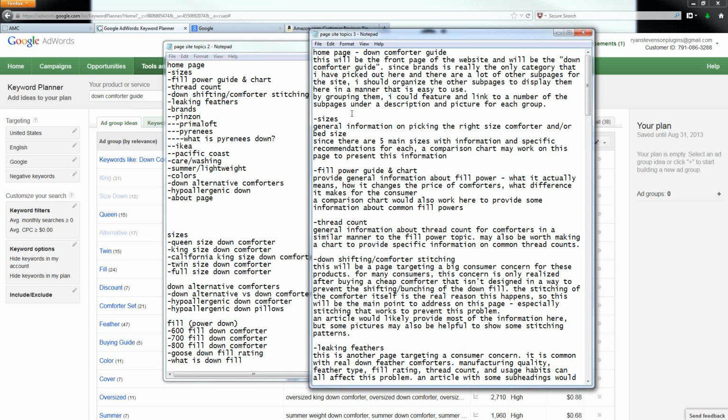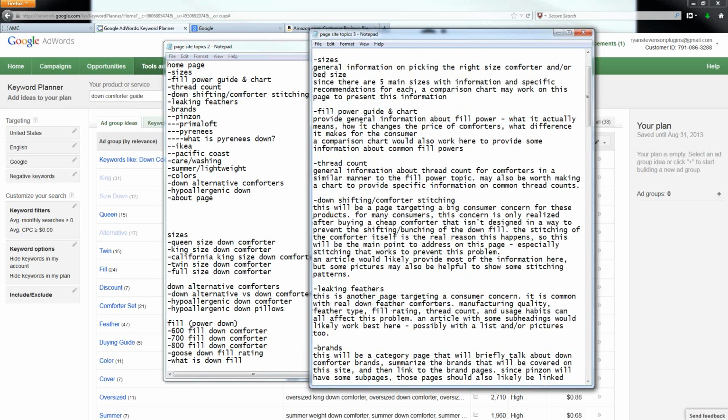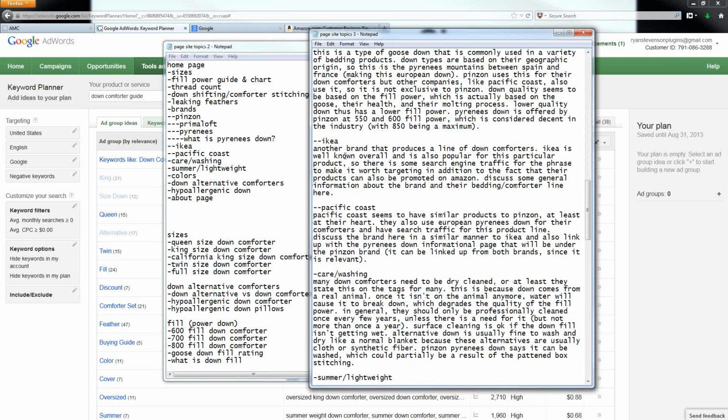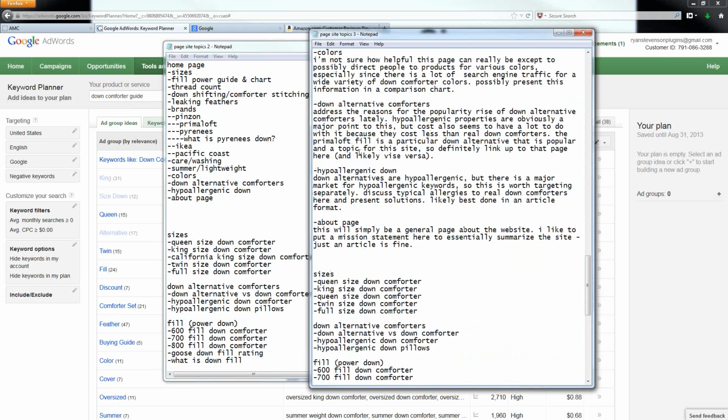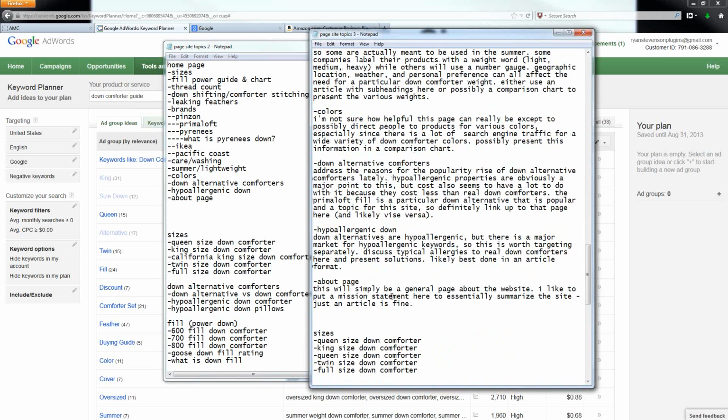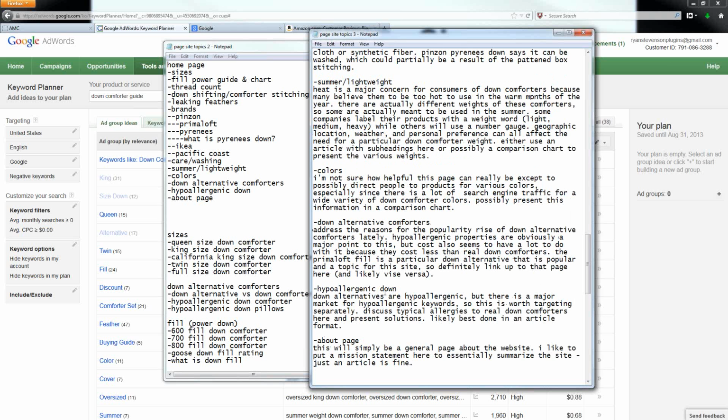I'm not going to go through every single one of these here, but I thought I would at least go through a few of them, because I've gone through each of these different 19 pages and talked about what will go on the page, what the page is going to be about.